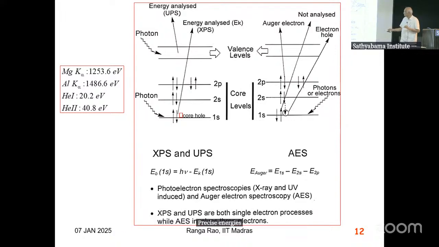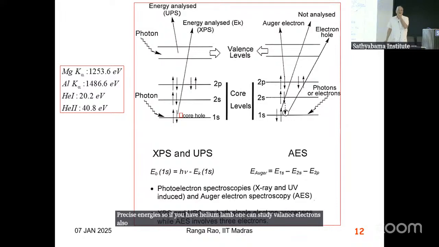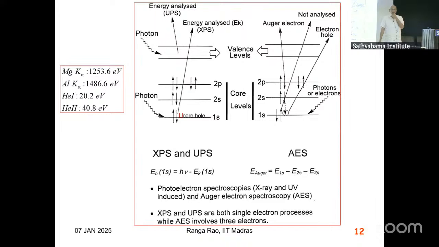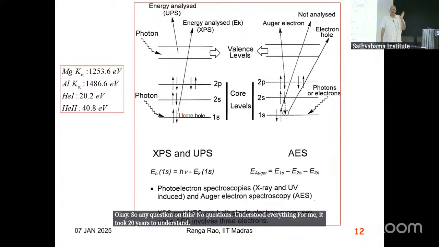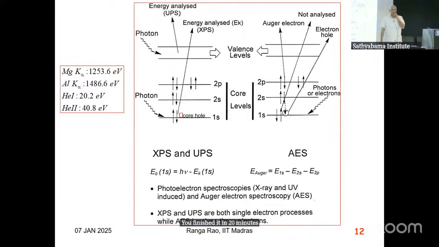So if you have a helium lamp, one can study the valence electrons of the solid also. Any questions on this? No questions? Understood everything? For me, it took 20 years to understand. You finished it in 20 minutes. Okay, very good.